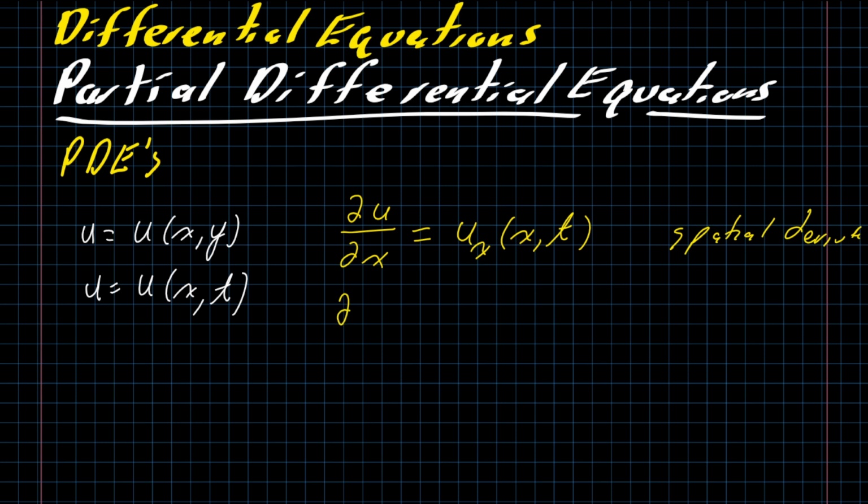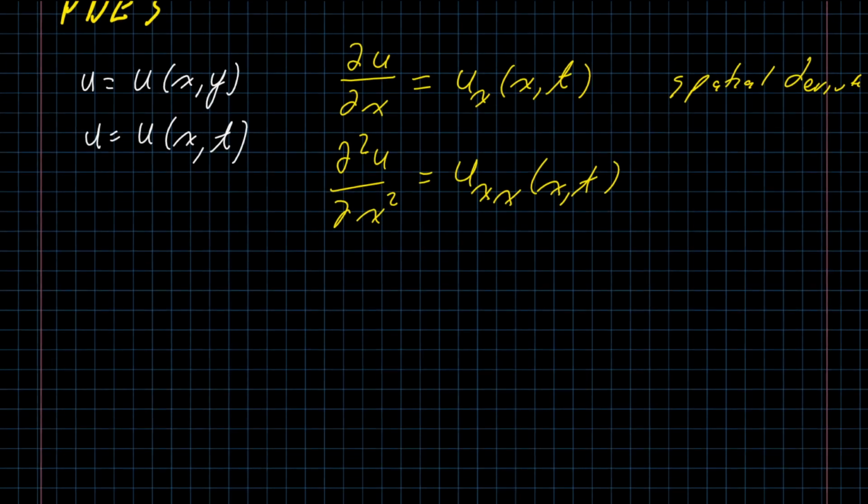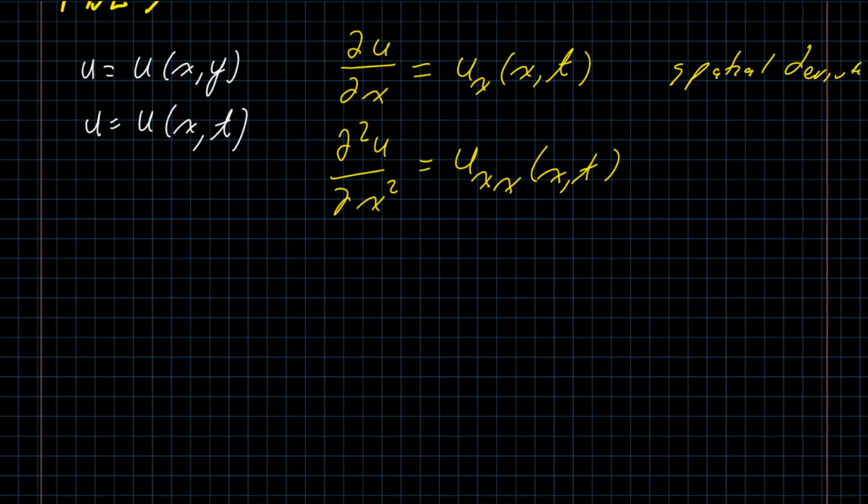And then if we wanted the second partial derivative of u with respect to x, we would write like that, or in subscripts it would be u sub double x. And we can also take time derivatives.